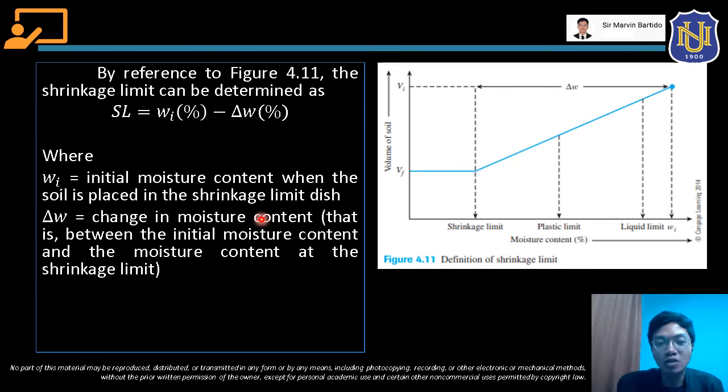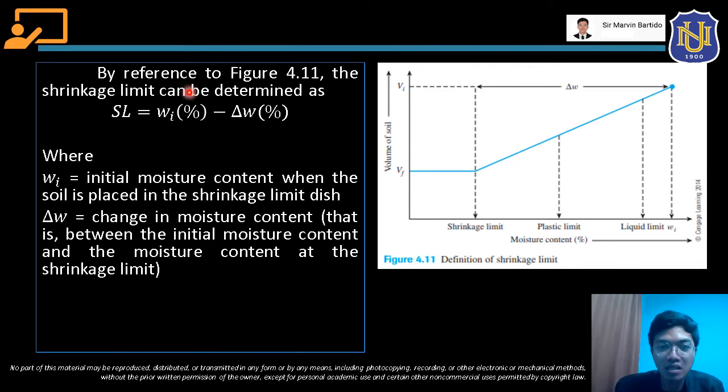And the delta W is the change in moisture content between the initial moisture content and the moisture content at the shrinkage limit. From the figure, this is our initial water content, and if we subtract this delta W, we get this, wherein this moisture content is the shrinkage limit. So this is our formula, class.